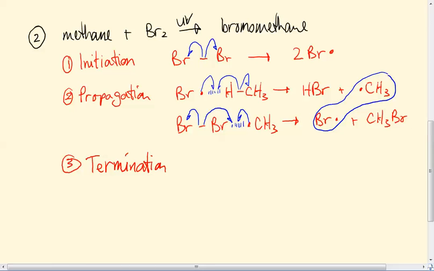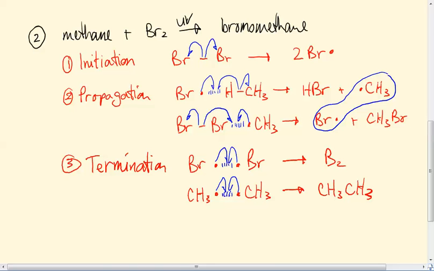Those are my three possible termination steps. Two bromines would just give me a bromine molecule, simple. Two methyls would react and I would get an ethane molecule. Again, it's unwanted like the HBr, but I'll get it. And lastly, we'll get our desired product, bromomethane, by reacting the two mixed there, a bromine and a methyl radical.